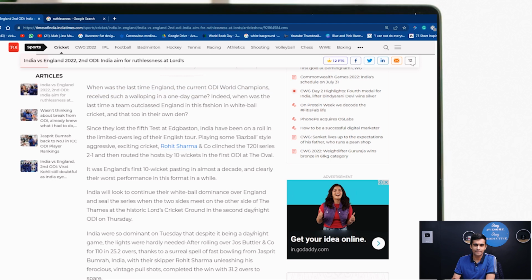Then there are more details about the match, about the players. So you can always refer to these boxes where you get the key highlights to get an idea what the article is all about, and then start reading. So that's how you read a newspaper to improve your vocabulary and understand the contextual meaning also.